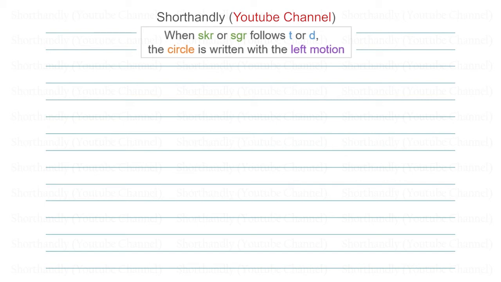So to understand this, we'll be taking an example. Suppose we have the word tacker. Now tacker will be made like this. But what if we had the word tasker?